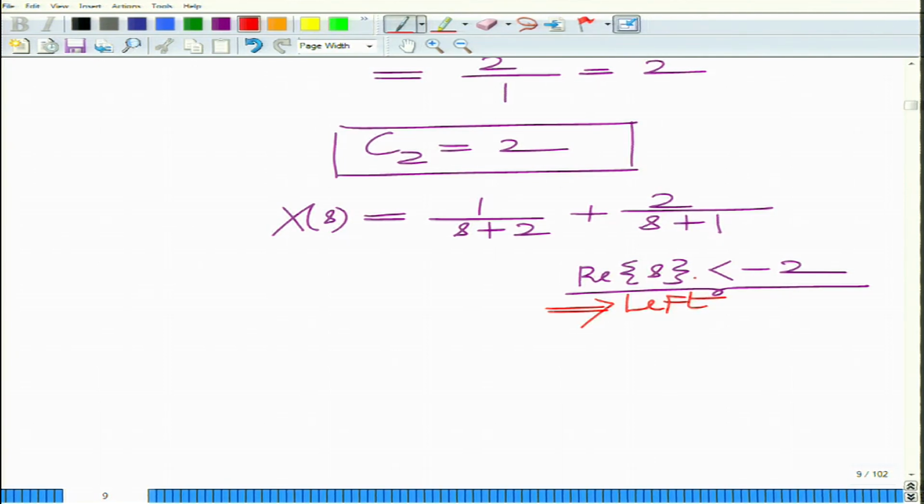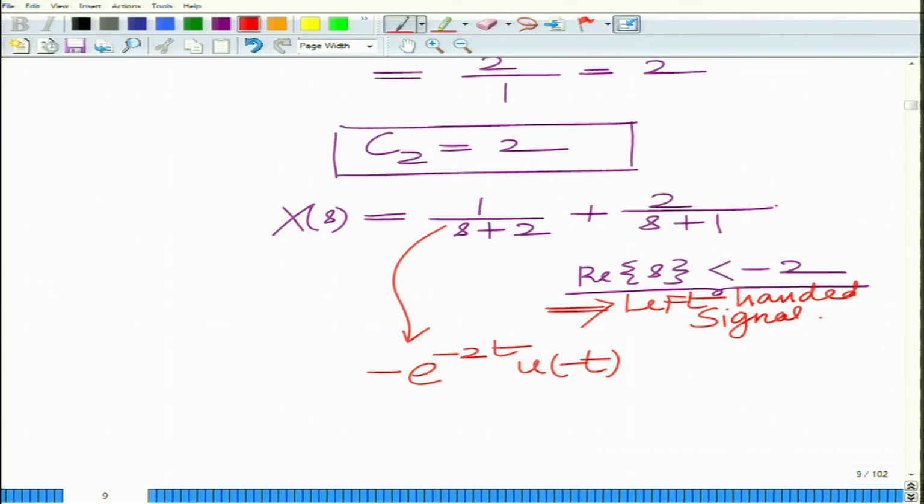When the ROC is of the form real part of s less than sigma max, this will be of the form minus e raised to minus 2t u(minus t). The time domain signal corresponding to 2 over s plus 1 is minus 2 e raised to minus t u(minus t).